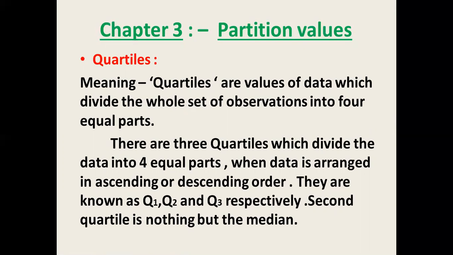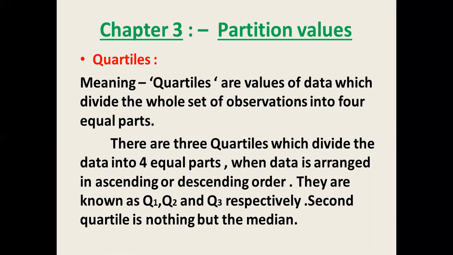I repeat again, the quartiles are the values which divide the series into four equal parts. They are the three values that divide the distribution into four parts, each representing one quarter of the scores.